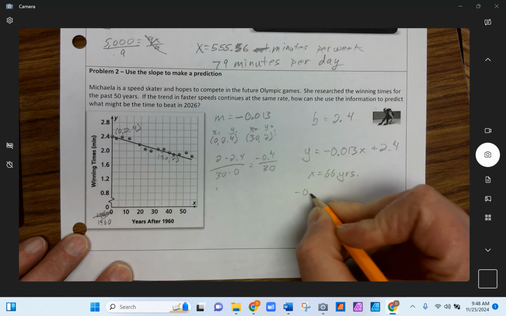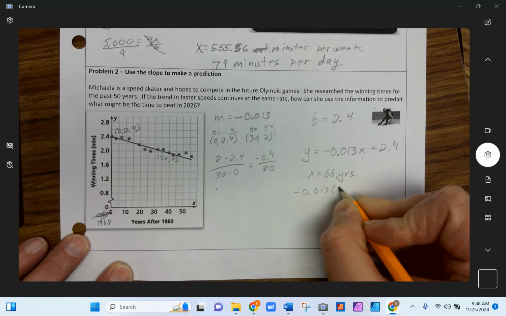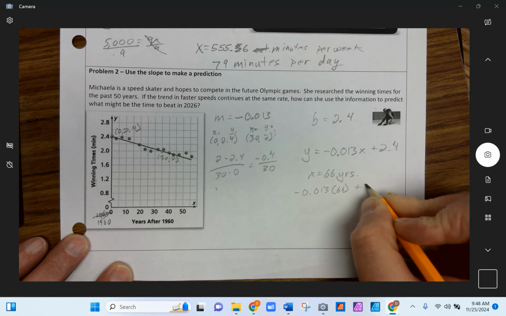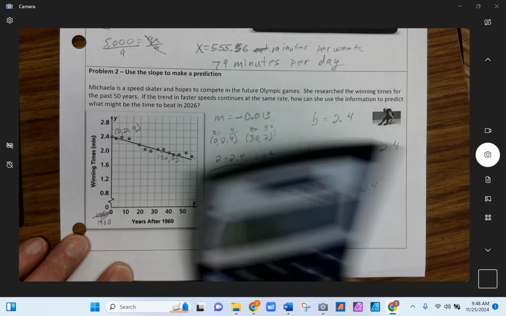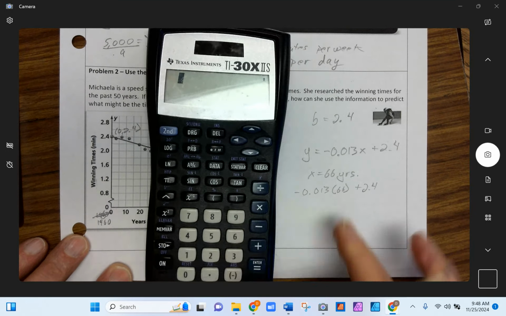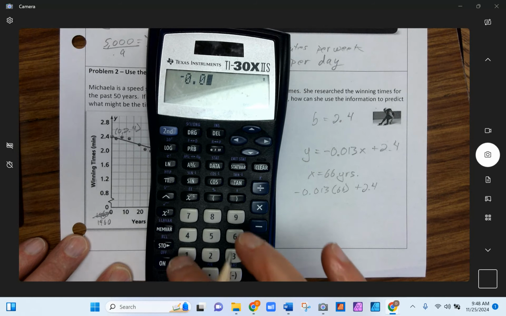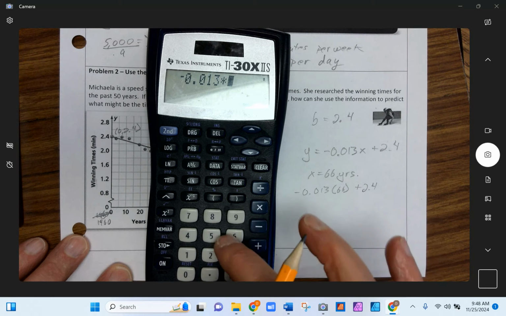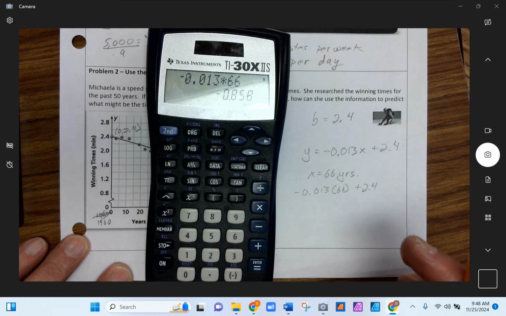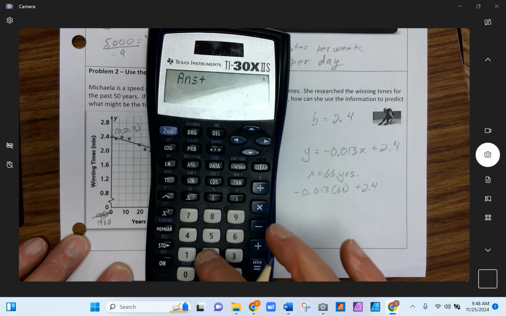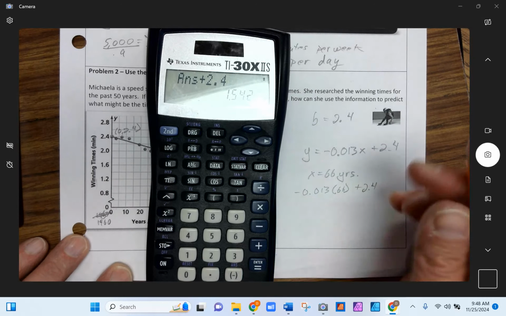So we'll take that negative 0.013 times 66 plus 2.4. So negative 0.013 times 66 is that, and then we add 2.4 to it, and we get 1.542.